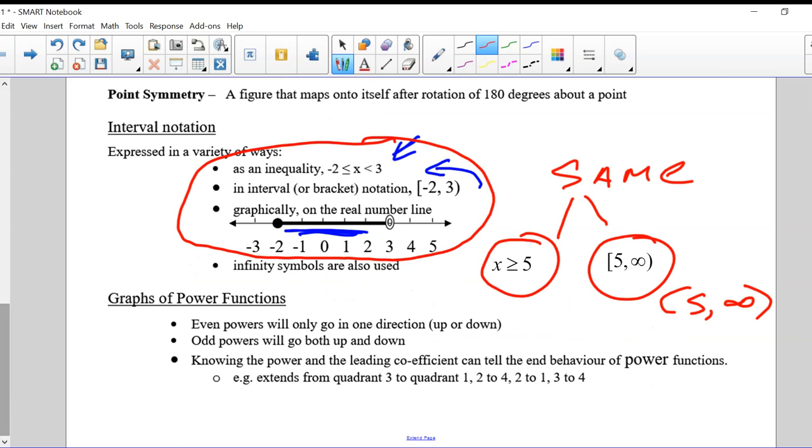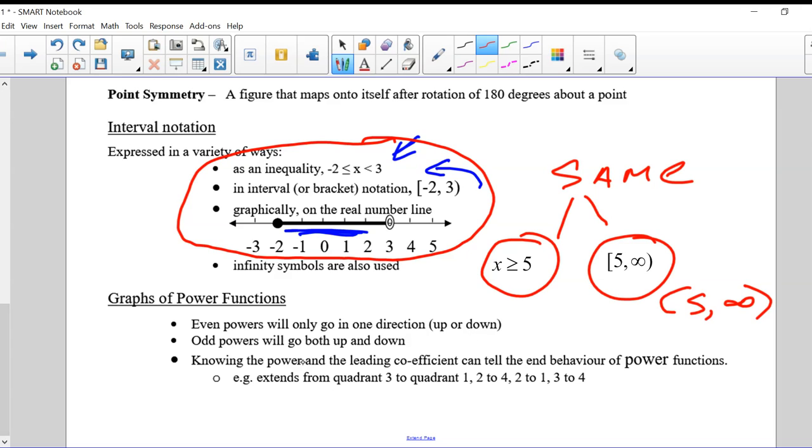Okay, now we're at 11:12, and we're going to be going over some graphs in a few minutes. I'm loath to start working on the graphs so close to the break. So let me just quickly mention these things, which should make a lot more sense to you once we start looking at the graphs. It says that even powers only go in one direction, up or down, right?